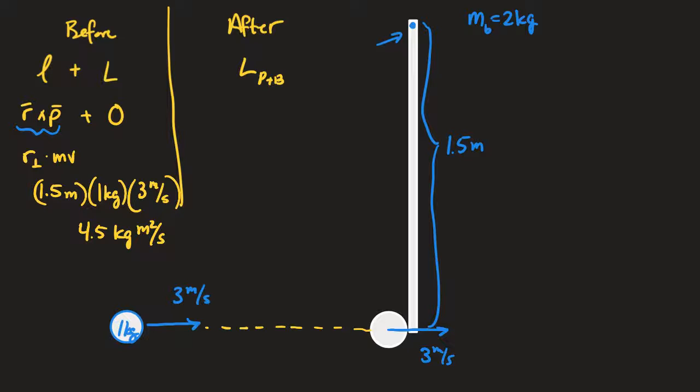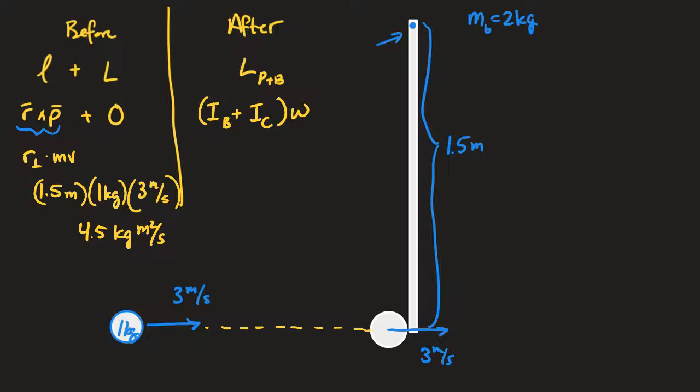Afterwards, we have a single object that now has the moment of inertia of the bar plus the moment of inertia of the clay. How am I going to treat the clay's moment of inertia? Point mass. That's right. It will be a point mass. It's rotating from some axis that is well outside the body of the object. So we'll treat it like a point mass. The bar, we'd have to look up. Something you'd probably be given on the exam.